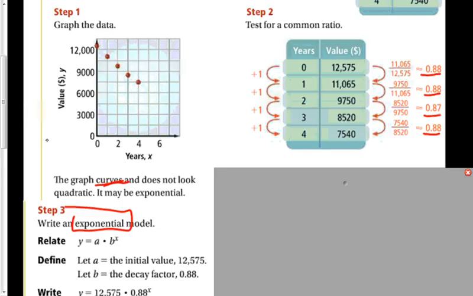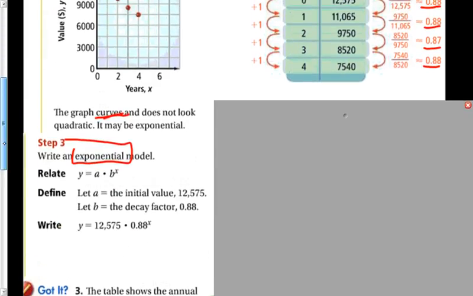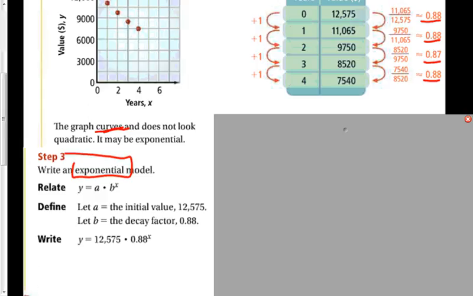Let's write a model. So that would be y equals a times b raised to the x power. And we'll say a is our initial value. So that should always be our starting point, and that would be 12,575. And the decay factor is 0.88, because if you multiply something by 0.88, it'll be going down.